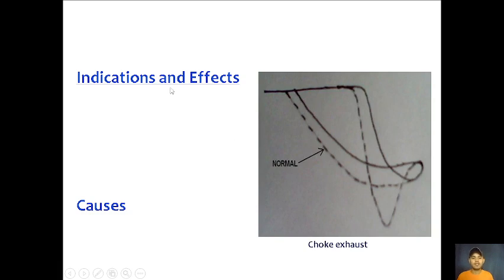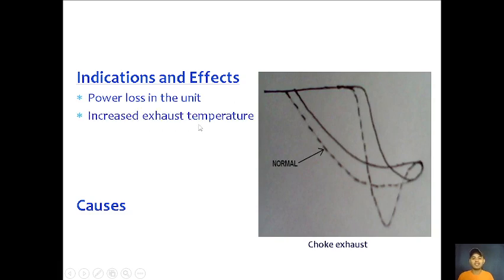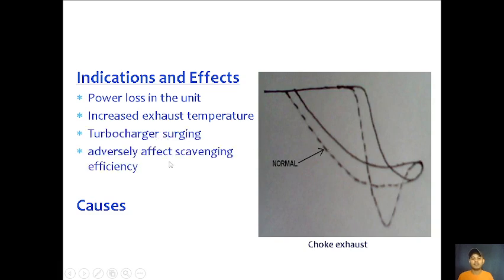Okay, next we have here indications and effects for choked exhaust. As you can see, this is the normal, and then the exhaust is nearly choked. So power loss in the unit, increased exhaust temperature, turbocharger surging, adverse effect on scavenging efficiency.